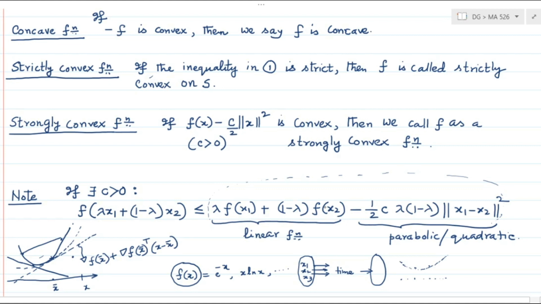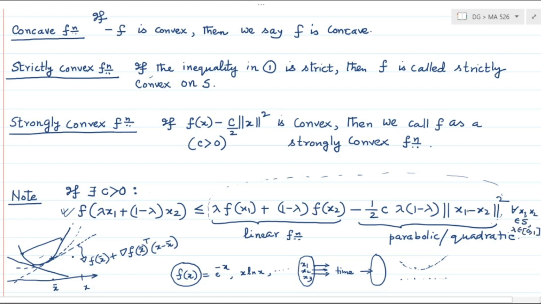From this inequality we can derive this fact, that if there exists a c greater than 0 such that this holds for all x1, x2 belonging to the convex set S, and as well lambda belonging to 0 to 1.